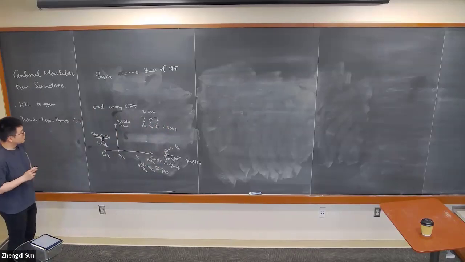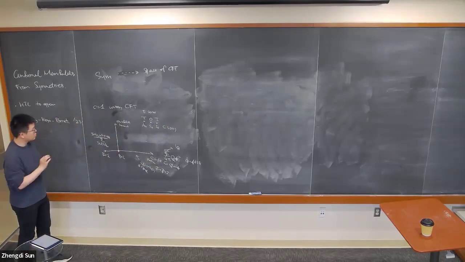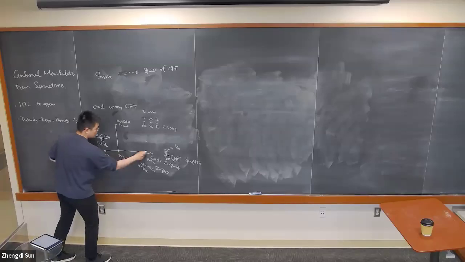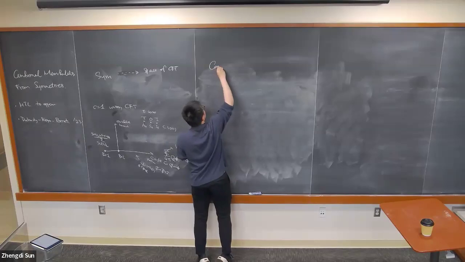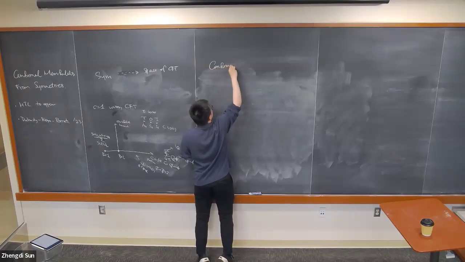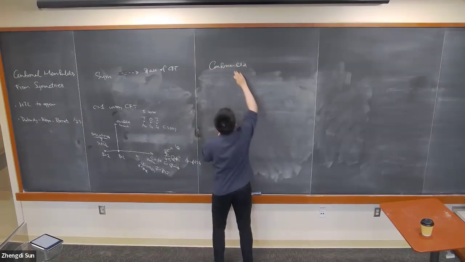Let me first point out one important thing: these theories are not always discrete. They can be continuously connected to each other by continuous deformation. For example, this is what happens on the circle branch. This is an example of what's called a conformal manifold. So what is a conformal manifold?